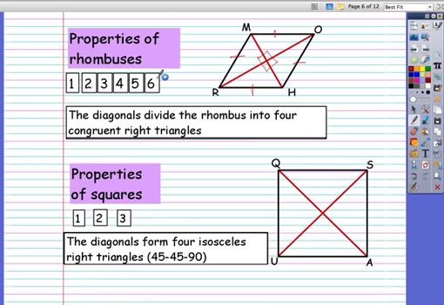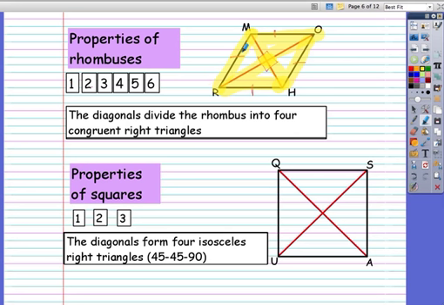And lastly, these diagonals will divide this rhombus into 4 right triangles. So here's my right triangle, okay, with my right angle, and each one of these right triangles is exactly the same. Okay? So those are the properties of being a rhombus.